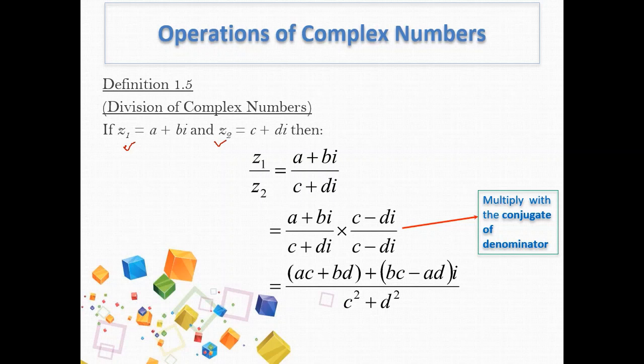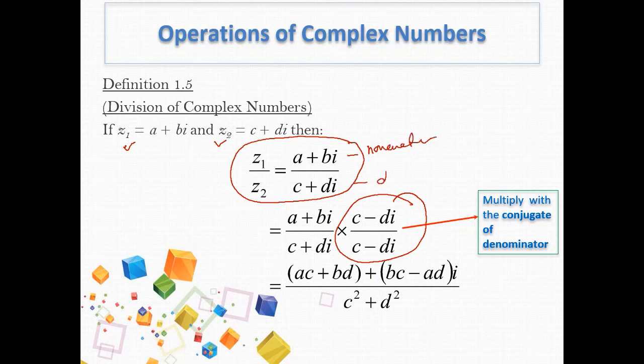In order to solve this, we need to multiply with the conjugate. Conjugate of what? We have the numerator here and the denominator here.